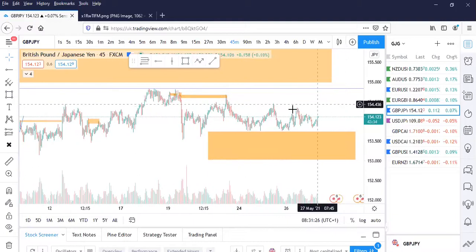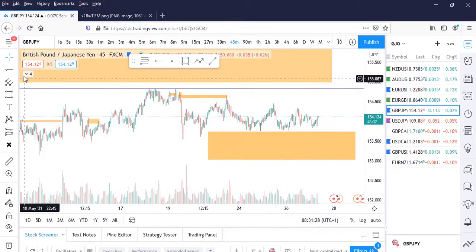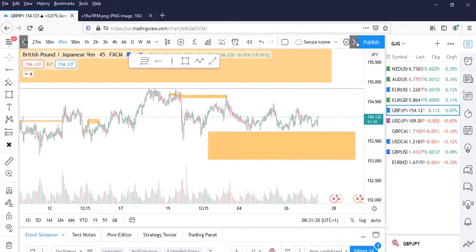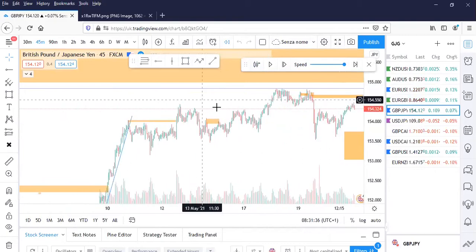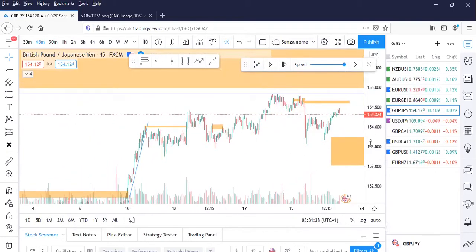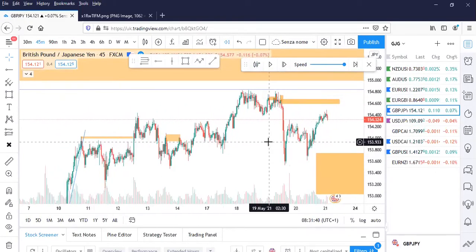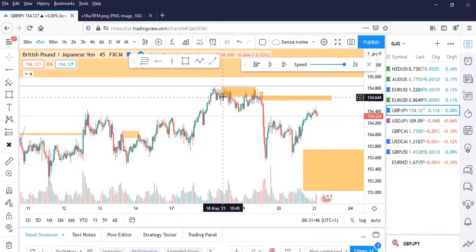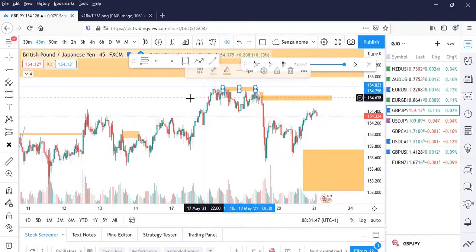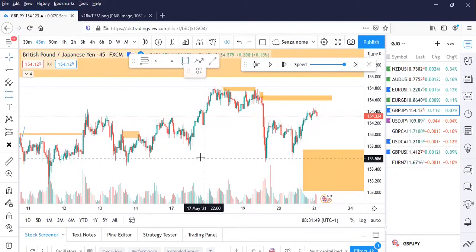So when we get to the market on the 21st of the month, what are we going to do? Looking at price action, we agree that there was an area of interest here that was mitigated. Then there's a break in structure here.